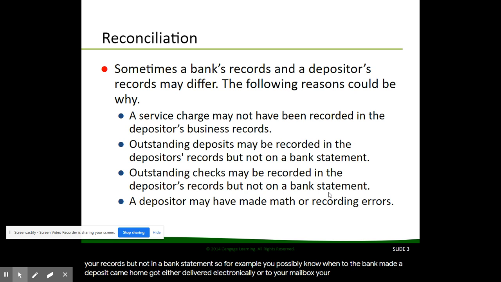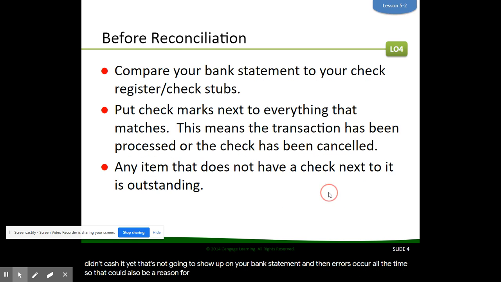That deposit that you just made isn't going to show up. Also, outstanding checks may be recorded in your records but not on the bank statement. So, for example, if you wrote a check but the person you wrote it to didn't cash it yet, that's not going to show up on your bank statement. And then errors occur all the time. So, that could also be a reason for differences.